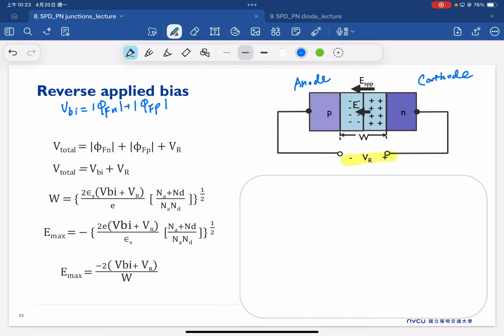First we look at the band diagram in the P region, where, still the same, we have the conduction band and the valence band, and because this is P type, we have a Fermi energy close to the valence band.